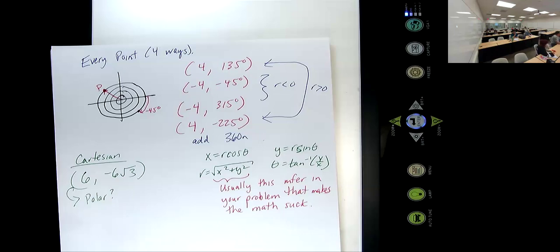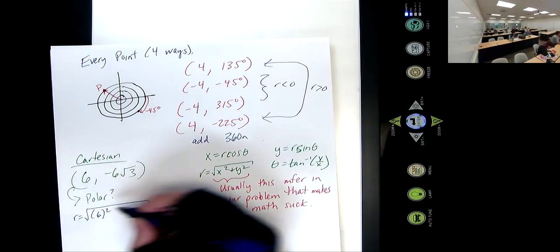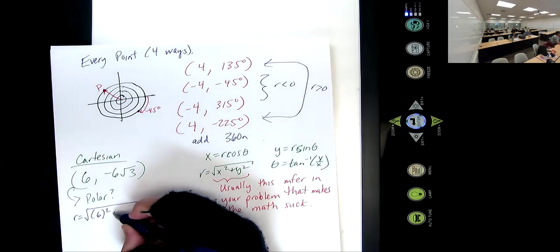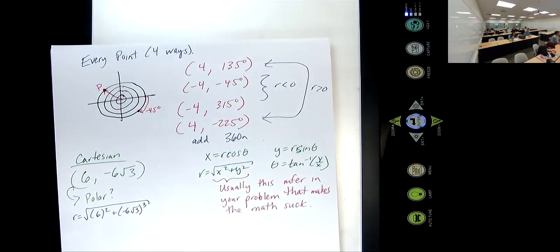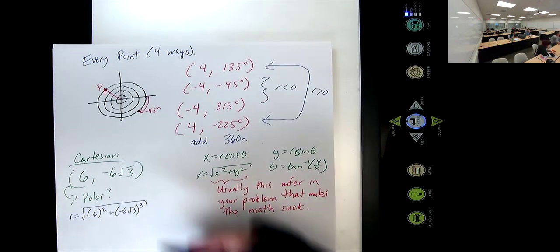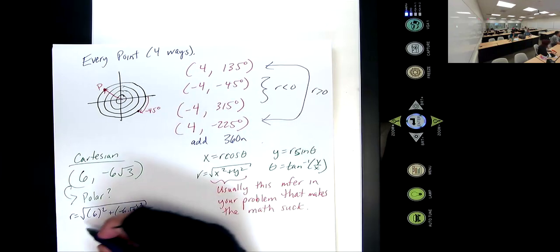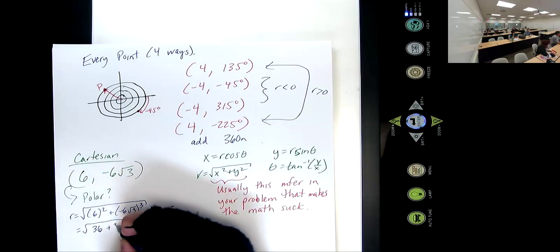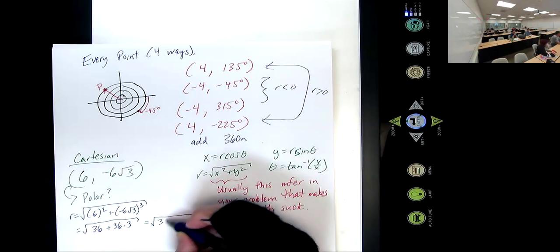How do I get r? Plug into the equation, so it'd be the square root of 6 squared plus negative 6 square root 3 squared. That's 36 plus 36 times 3. I'm actually gonna leave it like that. Work smarter, not harder. If I factor out the 36, you don't need a calculator to do this.